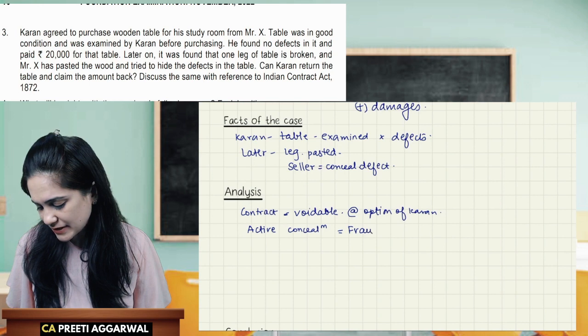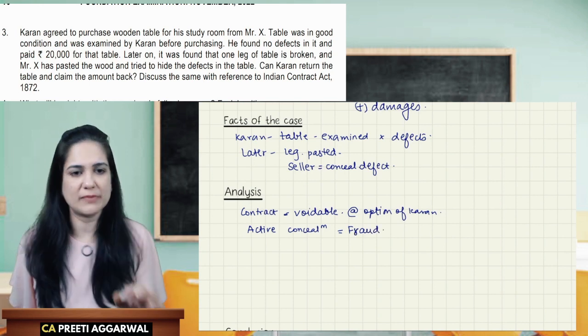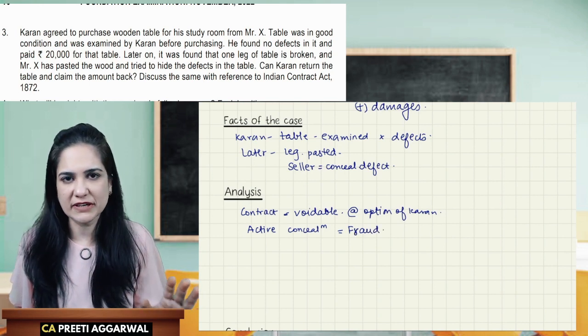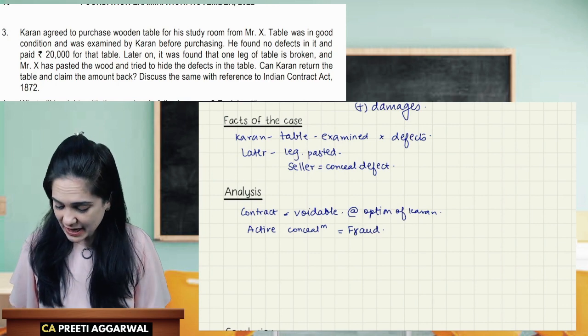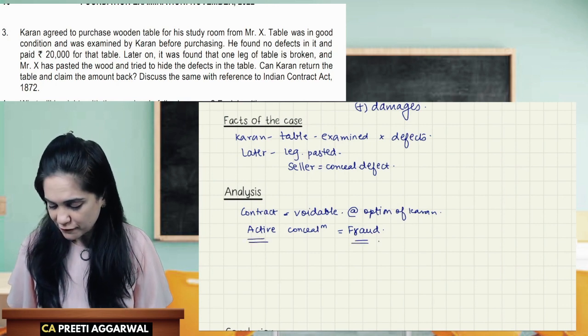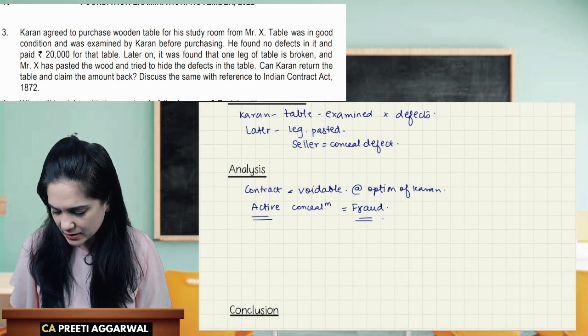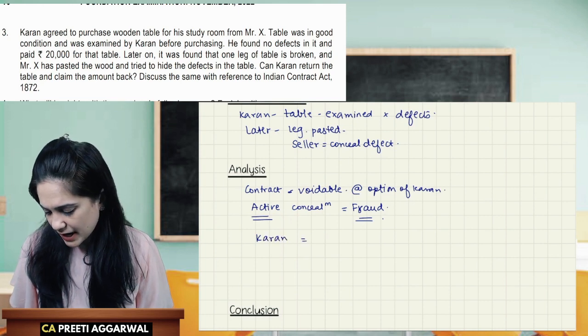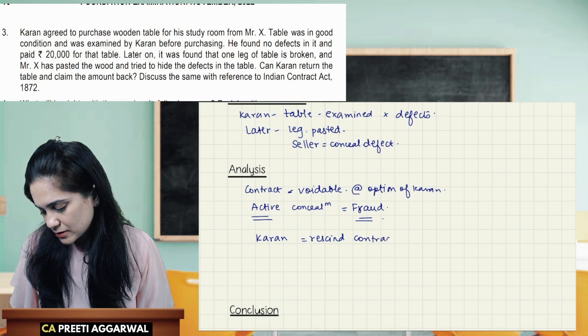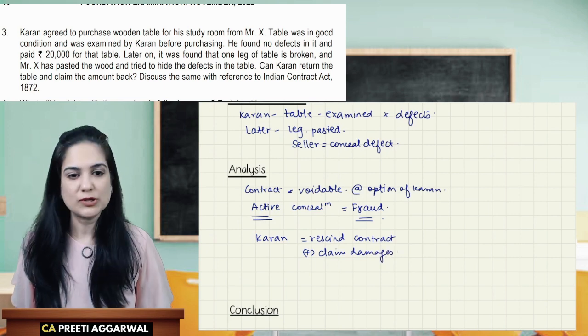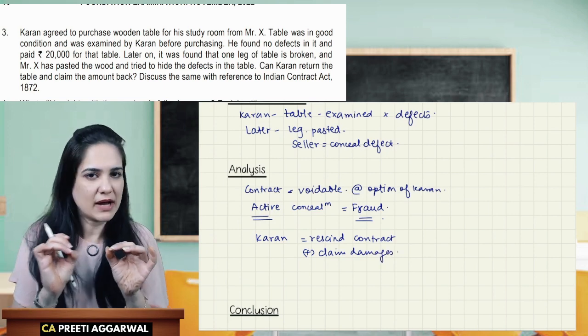You can also explain that the defects were concealed in such a manner that he could not know about the defects even after reasonable examination. This active concealment amounts to fraud. Then also write that Karan can rescind the contract and he can claim damages. Okay, so this is my analysis.